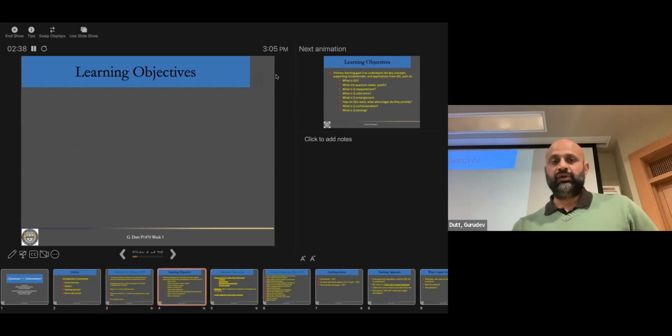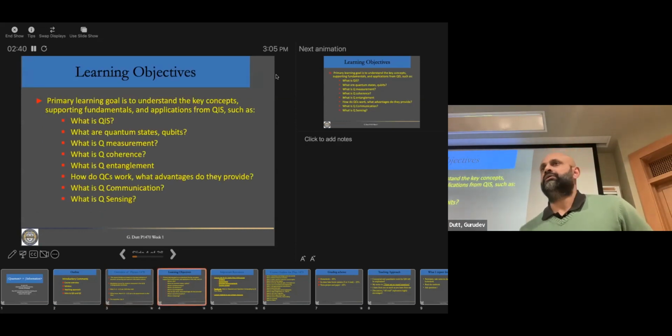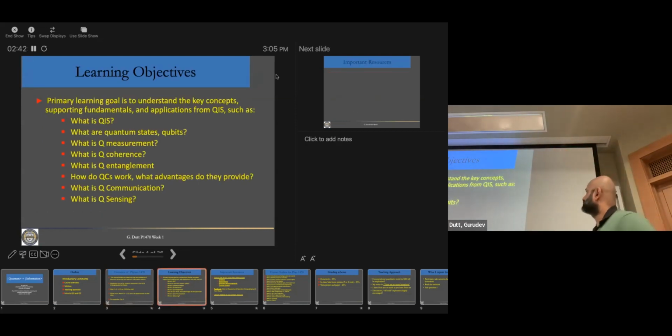So, okay, what are the main learning goals for this class? Well, obviously, we want to make sure you come away from this course knowing all the key concepts and the supporting fundamentals. So beyond what you might just read in a popular science article about quantum computing, we want you to know much more than that, right? That's the point of taking this class.